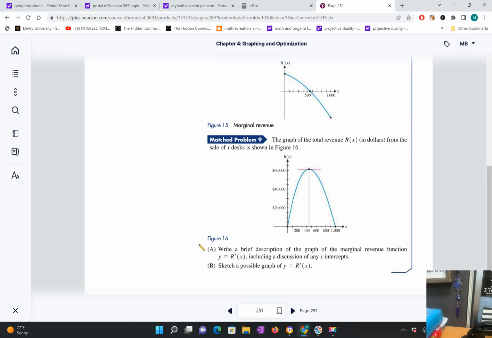The description of this will be very similar to the discussion provided in example 8. You would say basically the same thing: from 0 to 450 on X it is increasing. It has a local maximum at X approximately 450, and the Y value reaches approximately 60,000.